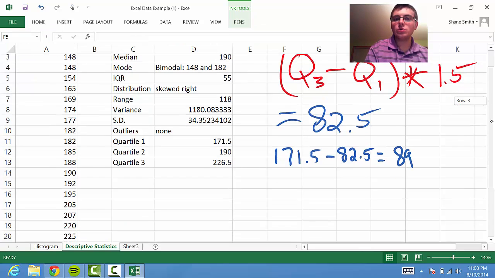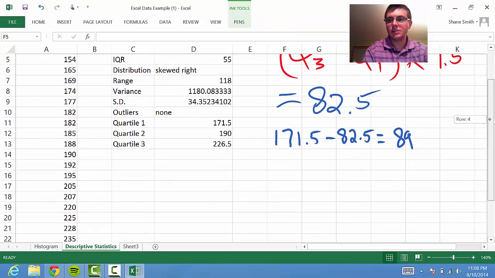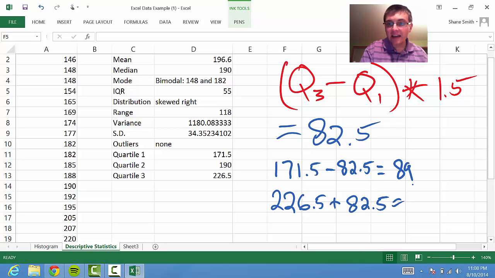If we go to the third quartile, which is 226.5, and we add 82.5, that gives us 309.